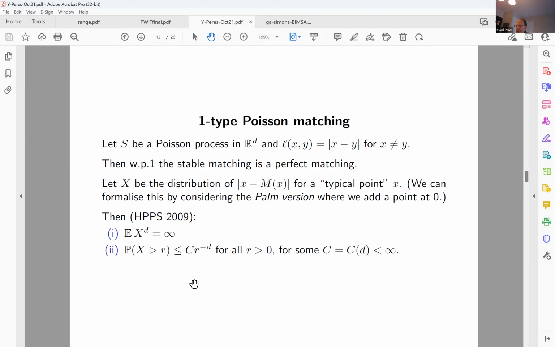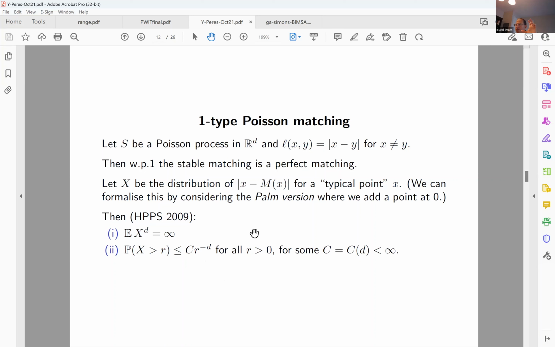I'm sorry, I said it exactly the opposite. It has an infinite d-th moment, but all moments that are less than d are finite. That's the second statement here that says the tails are at most r to the minus d. So if you take any moment that is less than d, then it will be finite.